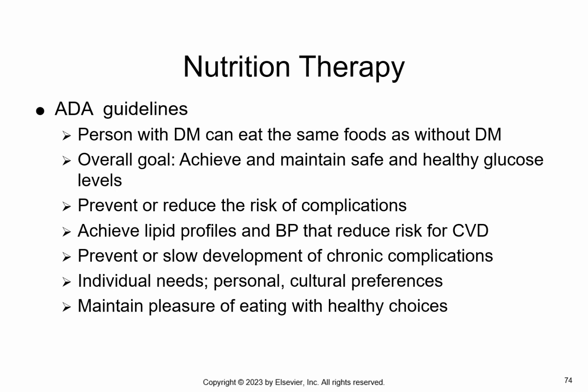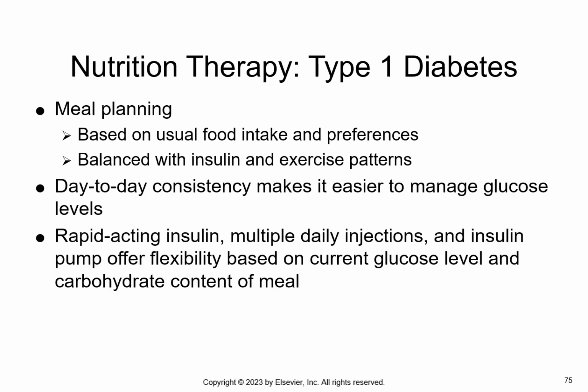And these additional goals include maintaining the levels as close to normal as safely possible to prevent or reduce the risk of diabetes-related complications, achieve lipid profiles and blood pressure levels that reduce the risk for CVD, prevent or slow the rate of development of chronic complications by modifying nutrient intake and lifestyle, address nutrition needs while considering personal and cultural preferences and respecting the person's willingness or ability to change eating and dietary habits, and maintain the pleasure of eating by encouraging a variety of healthy food choices.